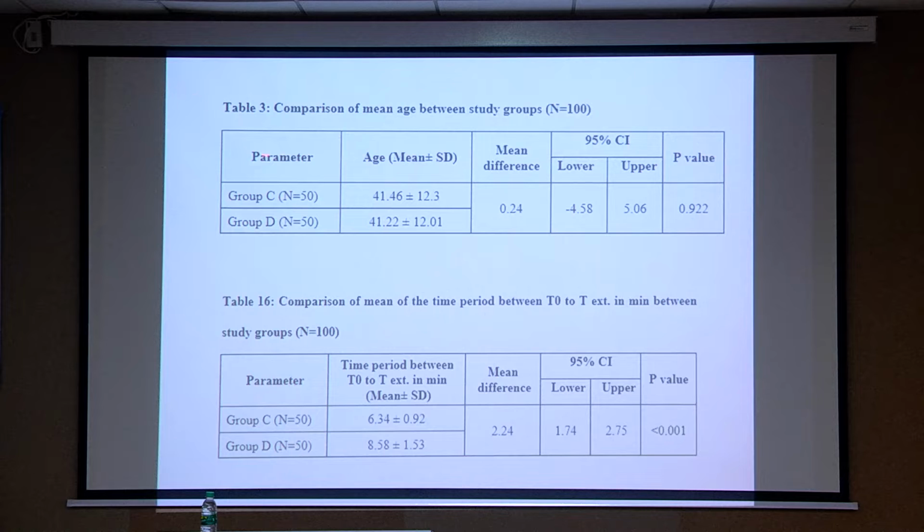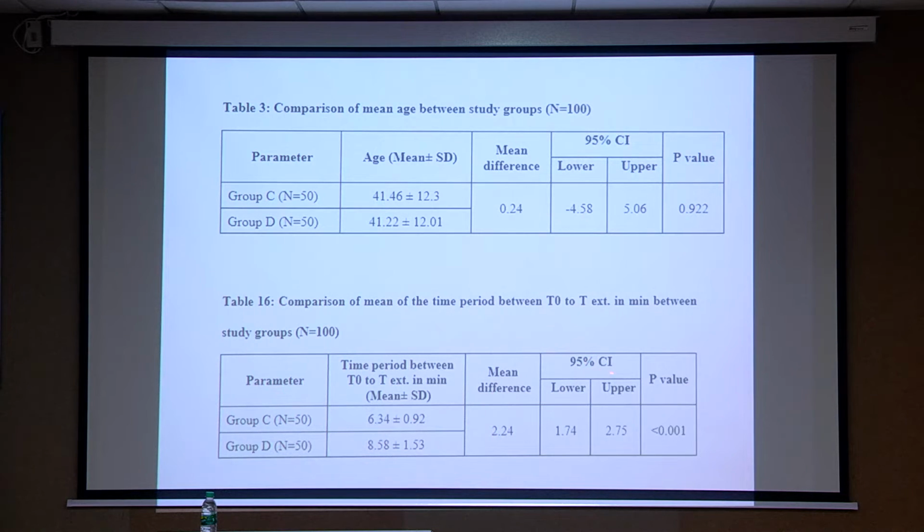From the same study, they were comparing the time period between T0 and T extubation. Here T0 is the stoppage of the infusion, from stopping the normal saline and dexmedetomidine till the time of extubation. The mean difference was 2.24. We don't know again whether it is a real difference or not.